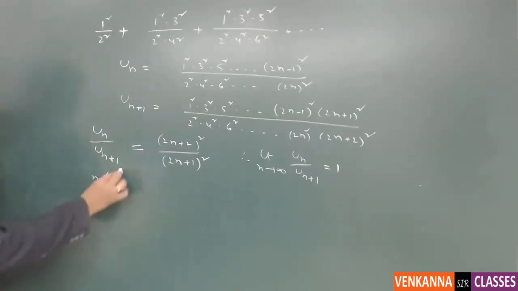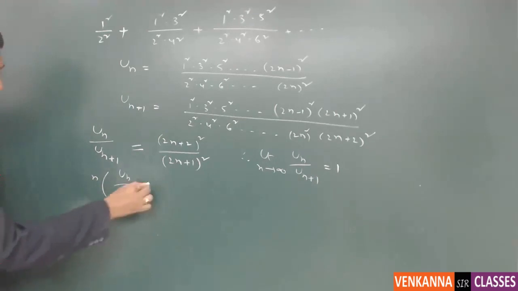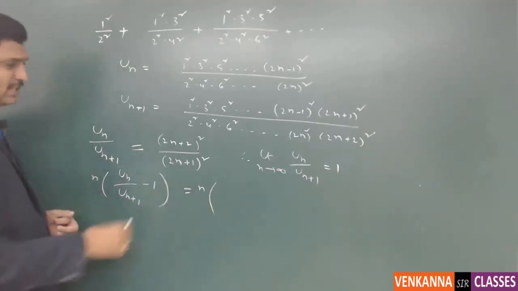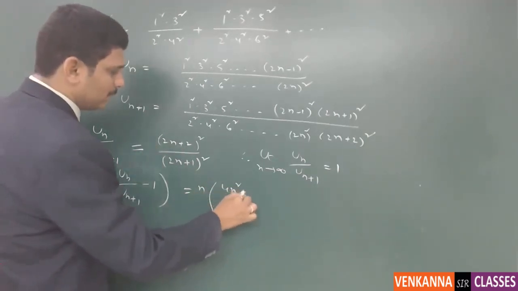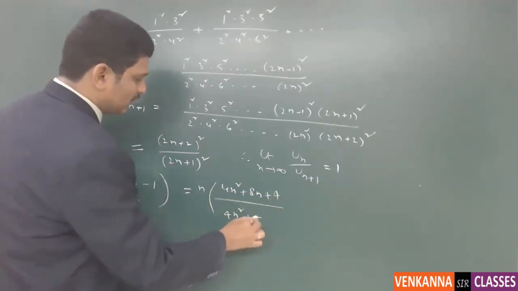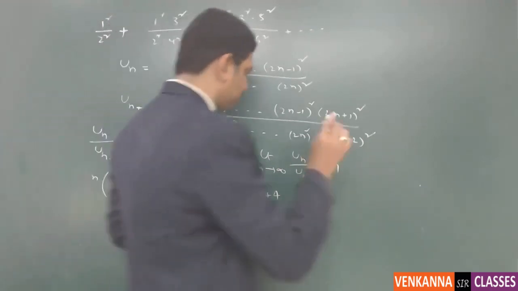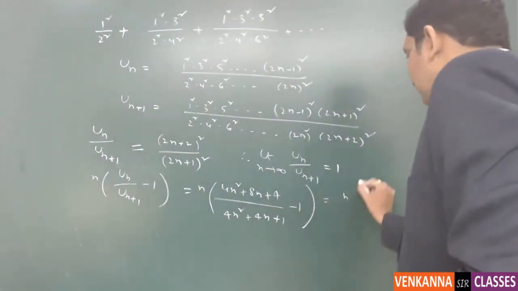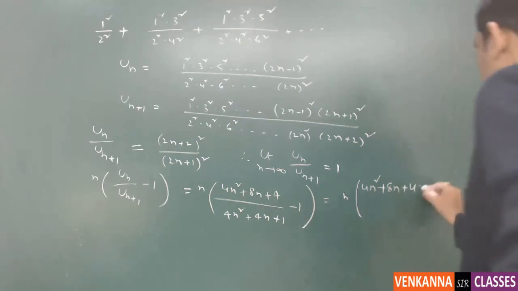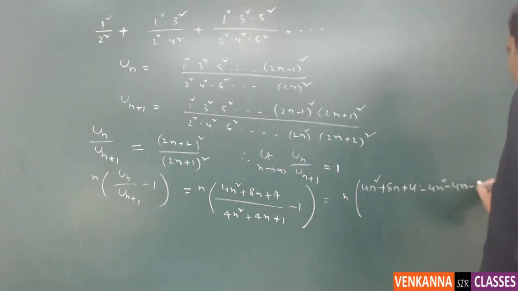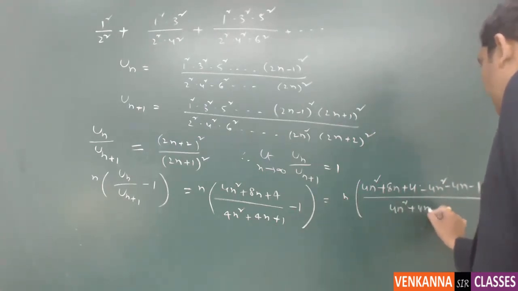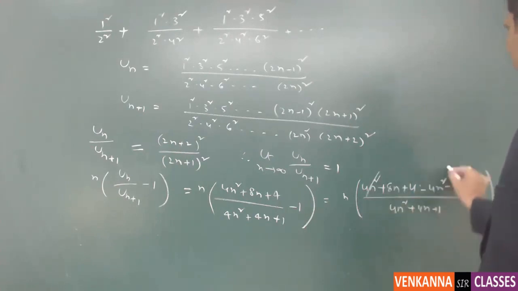So consider n into (un by un+1 minus 1). If we consider un by un+1 as (4n²+8n+4) by (4n²+4n+1), minus 1, equals n into (4n²+8n+4 minus 4n² minus 4n minus 1) by (4n²+4n+1). The 4n² gets cancelled.